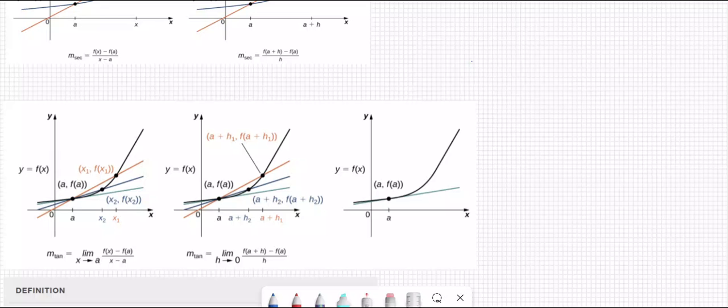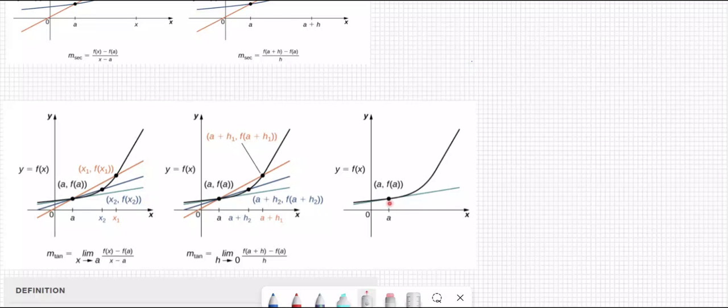What if we start moving those points closer and closer and closer together? So here we have A and X1, then X2, then maybe one right on top of it. Or they're just saying like, here's a point and here's a point down the road. Or if we do this point and a point a little bit closer, our goal would eventually be to have them right on top of each other.